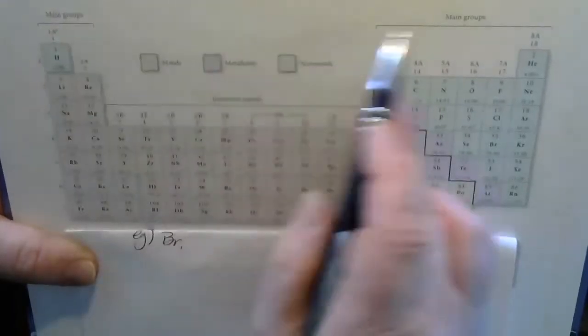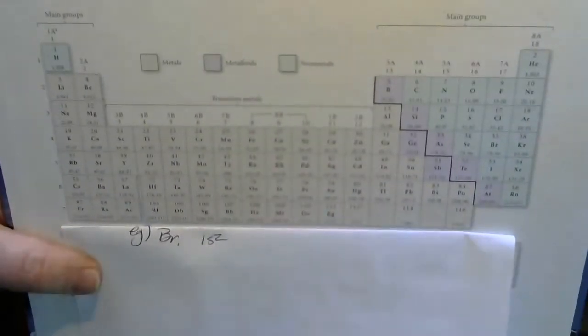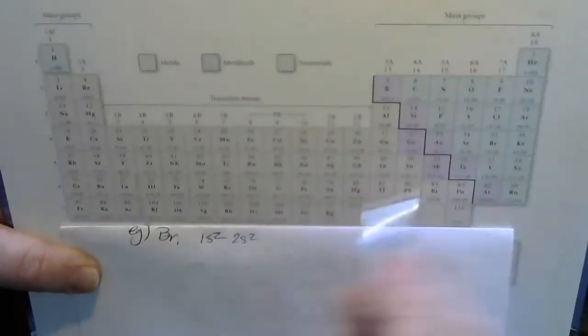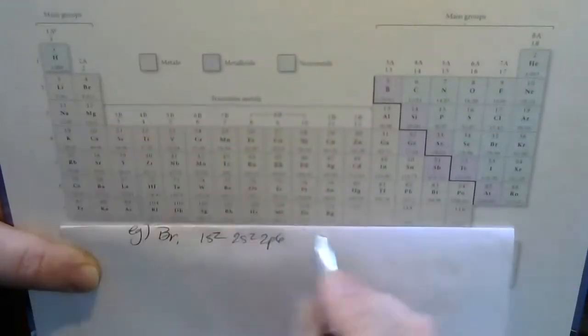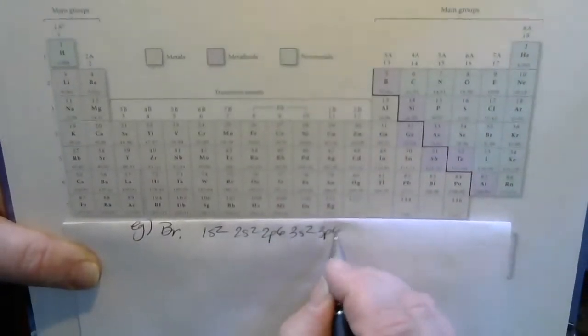So this is 1s1, 1s2. Here's 2s2 right here. Then we come across 2p6. Come down to the next row, 3s2. Okay, 3p6. Come down to the next row, 4s2.